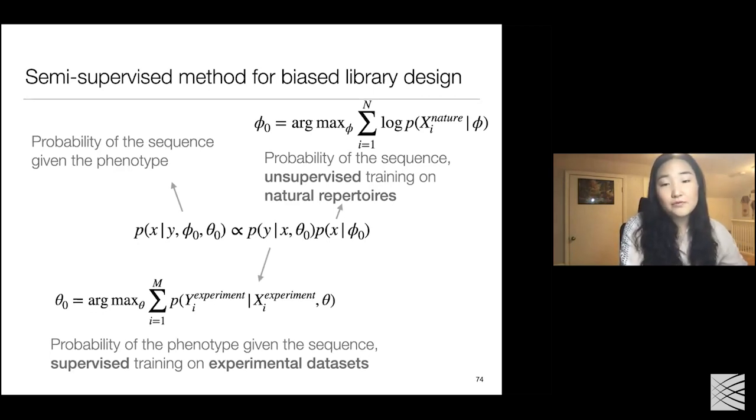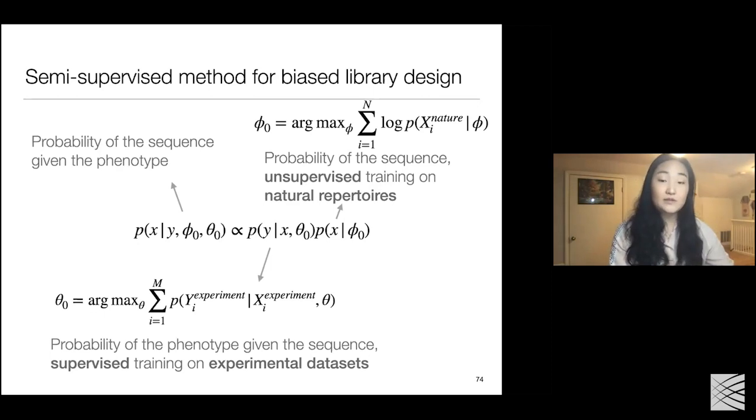And for the supervised side, we can learn the probability of a phenotype given the sequence, or P of Y given X, by supervised training on experimental data sets. So this is with either logistic regression or any neural network architecture or any supervised model.